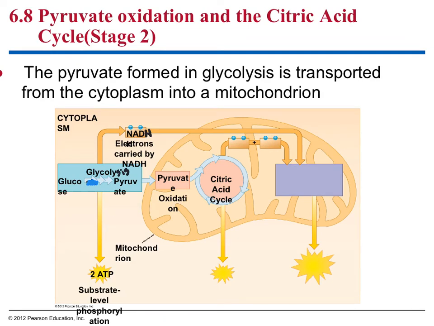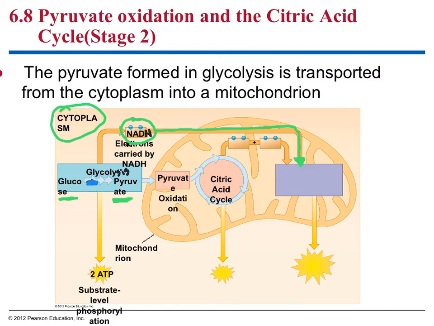So let's have a look at that. Here we've got the cytoplasm; glycolysis occurs in the cytoplasm. They're showing you here that we started out with glucose as a reactant, and through the process of glycolysis, pyruvate was formed. The electrons that are being carried by NADH, remember, are going to be transported to the third stage, right?